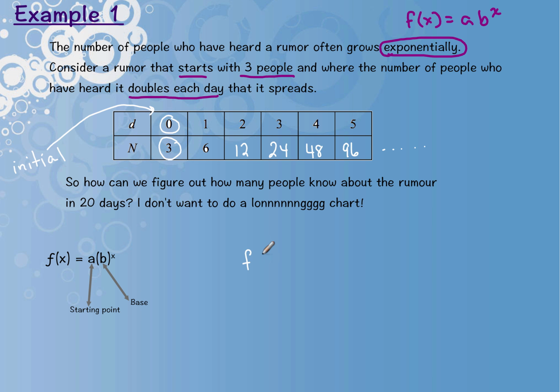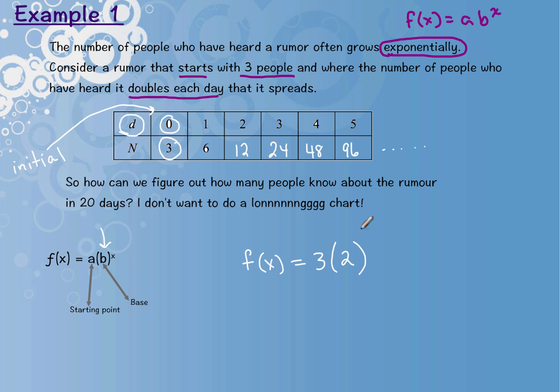So I am going to figure it out by creating a formula. So my rumor formula, I need a starting point. Well, I started with 3 people knowing it. My base was the fact that it doubles and it's raised to, well, I could do this.